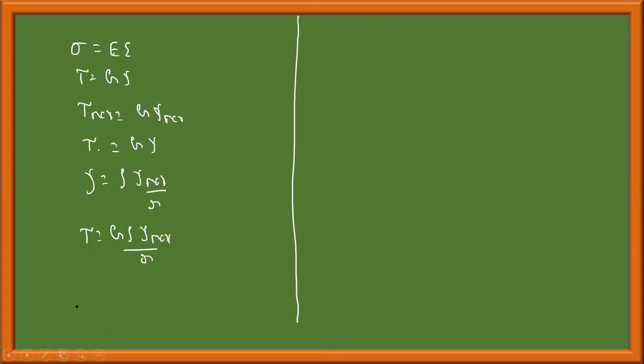We will take it from this expression: gamma max is equal to tau max by G.